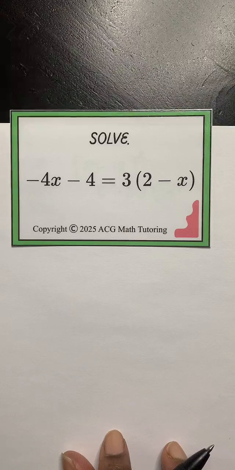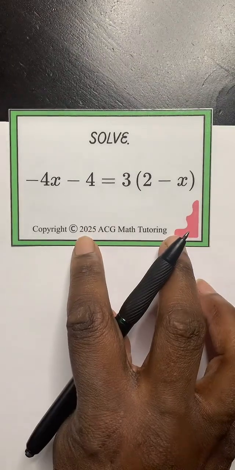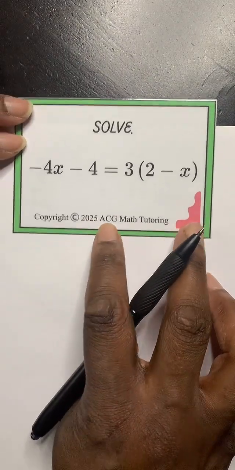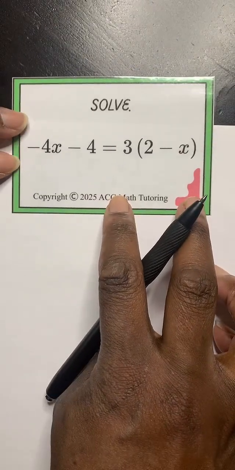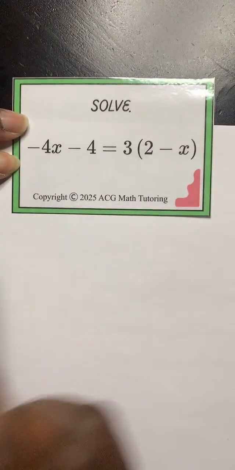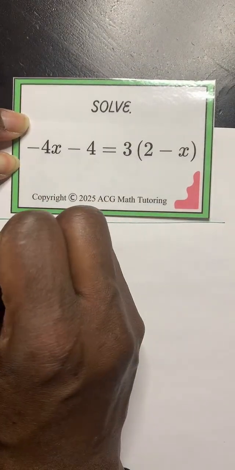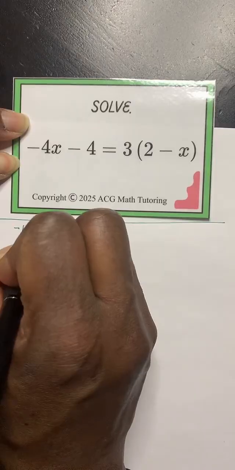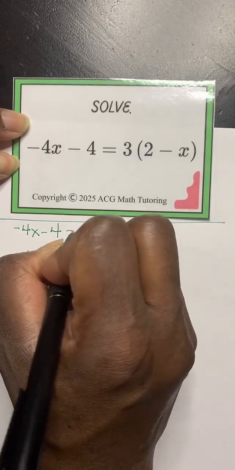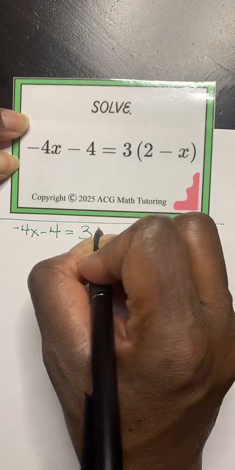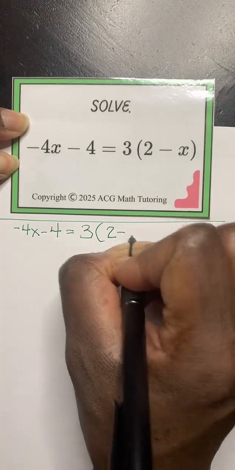So now we're solving. The ultimate goal when you're solving an equation is you want to get your x or your variable by itself. So let me put this right here and rewrite. Can't be wasting paper. Paper is expensive.